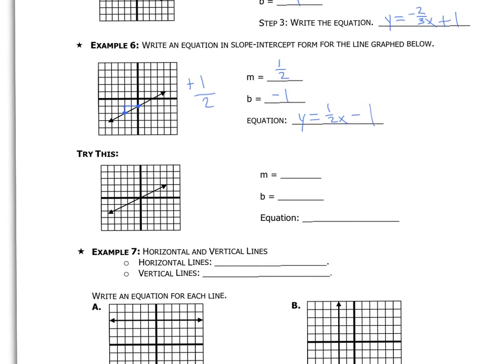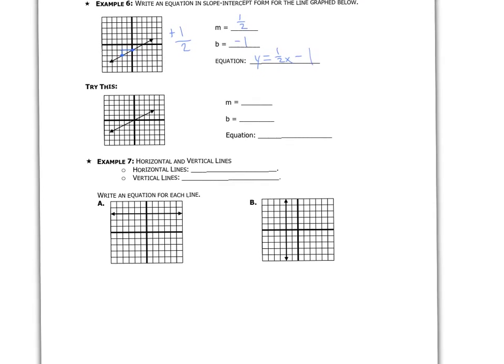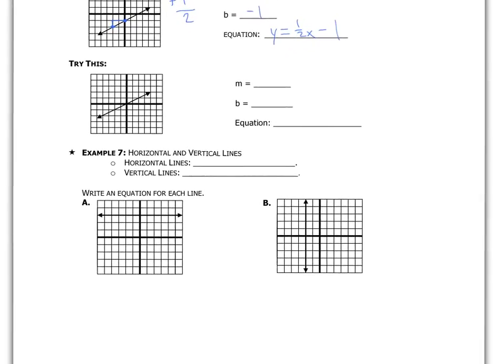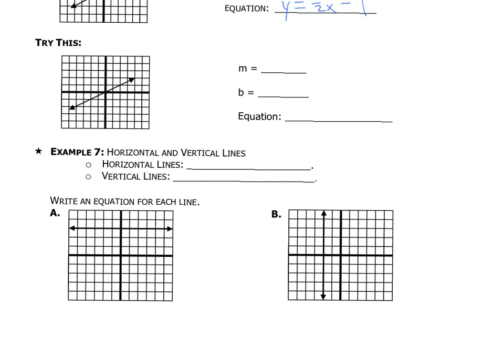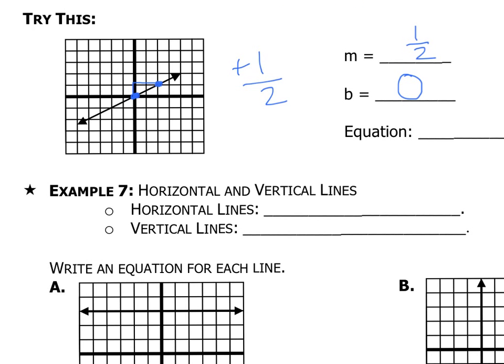Okay, last one. Go ahead and try that example there, and then we'll move on. So here you'll see you run into a bit of a predicament. It crosses at 0. That is the value. So if it crosses at 0, then your value is 0. That's why the b, your y-intercept, is 0.